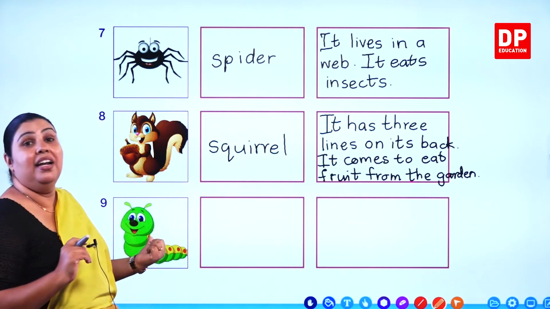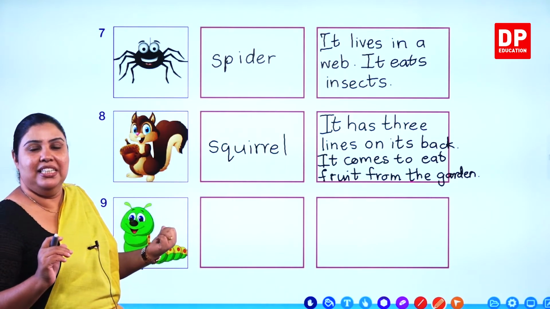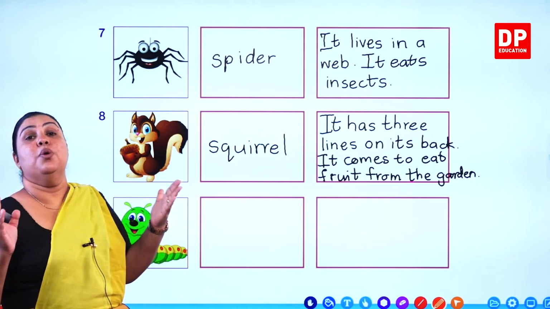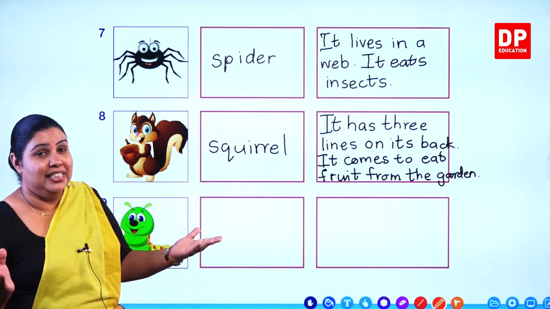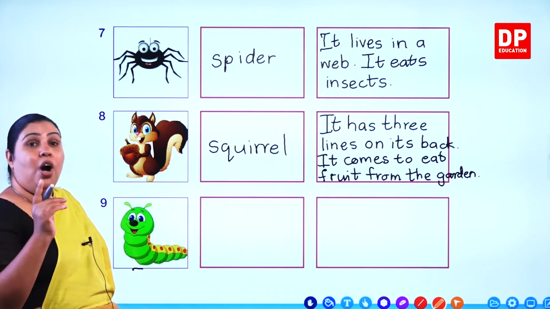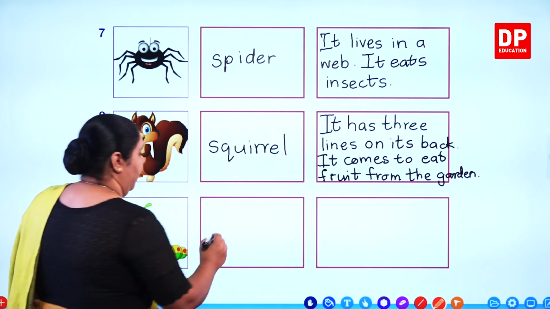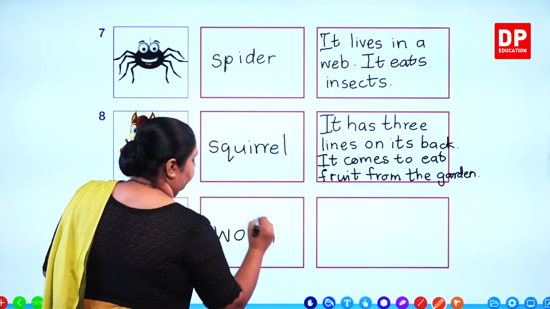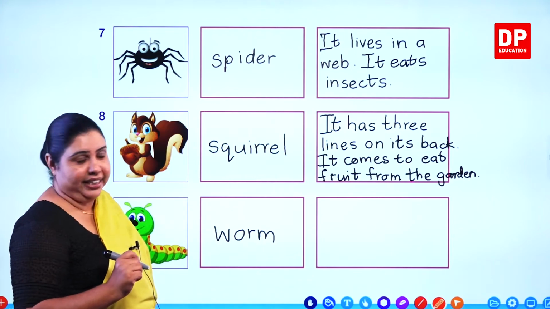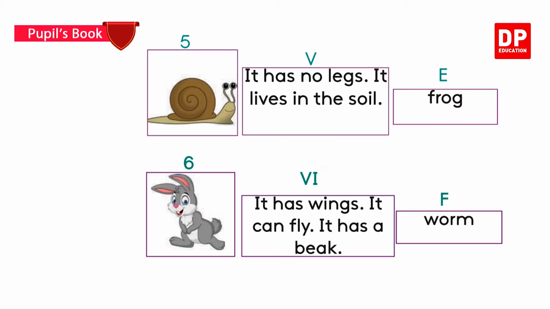Then we have our last picture. What is this? Who is this? It is the worm. It said it has no legs. It lives in the soil. So how do we write the word worm? Worm. This is a different way that we can do this activity, okay? Worm.